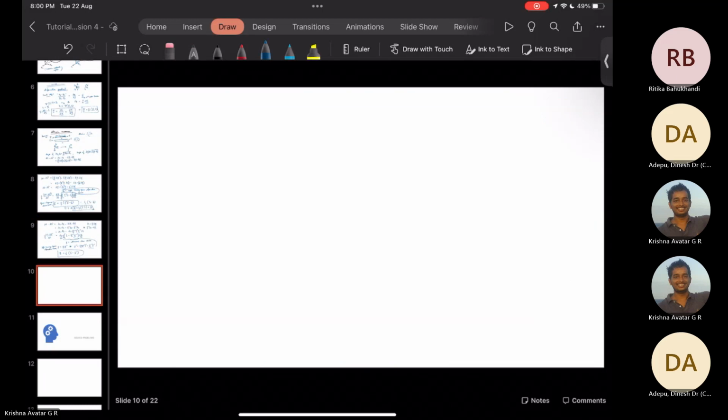Now let's take a look at the deformation gradient in more detail. The deformation gradient is defined as the partial derivative of small x with respect to capital X. Now, small x lives in the spatial configuration, and capital X lives in the reference configuration.